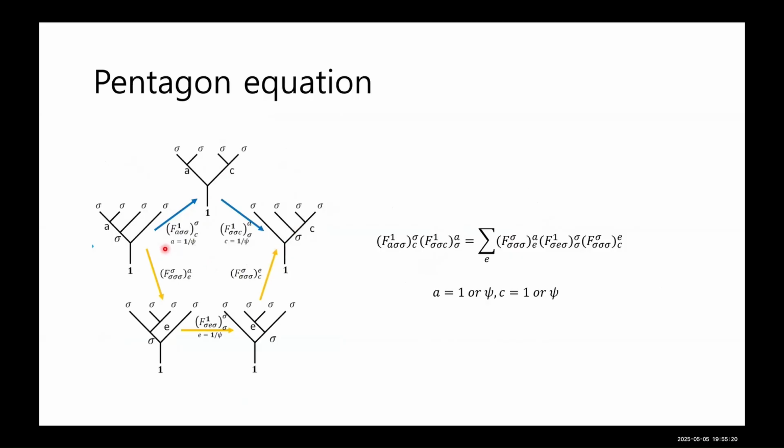And also, we can change the fusion location from here to here and here to here and here to here. They are going to have the same fusion result, but their path is different. That means we can make this equation, so we can actually calculate these F elements. Because there are two degrees of freedom, that is A and C, we can make four equations.